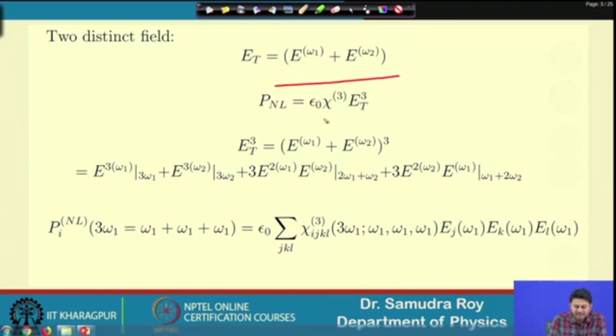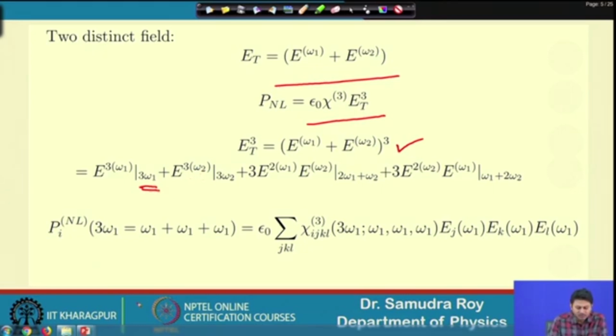So, P NL is nothing but E total whole cube. E total is this plus this, so I need to make a cube of that. When I make a cube of that, what the frequency components are is important. So, in the first case we have E cube of omega 1, and the frequency component is written here, we have 3 omega 1 frequency.